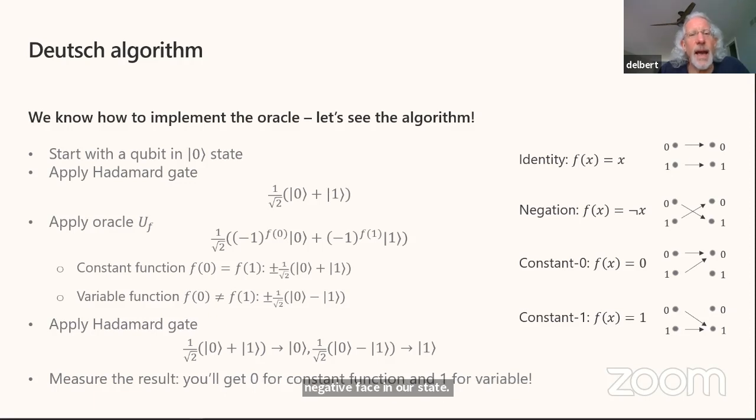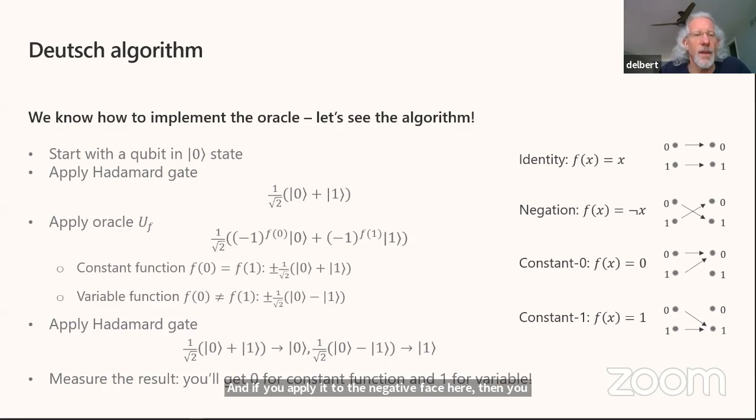And if we apply the Hadamard gate, remember from John's part of the talk, if you apply the Hadamard gate to the plus state here, you get 0 back. And if you apply it to the negative phase here, then you get a 1 back.